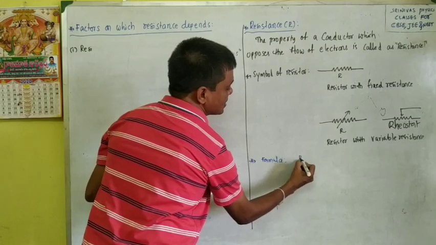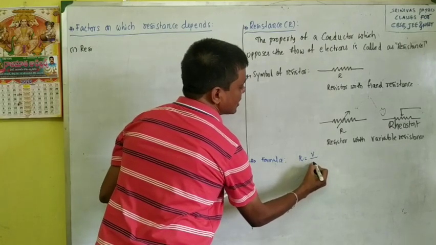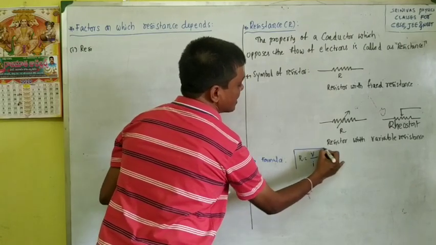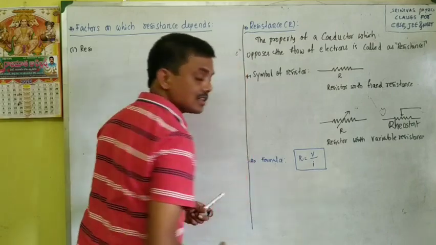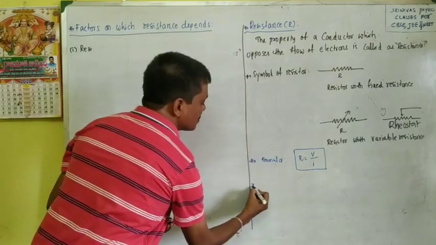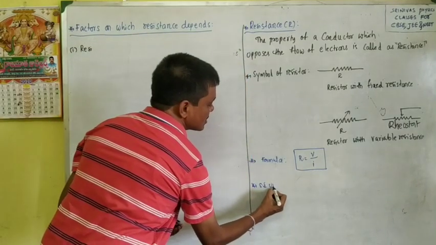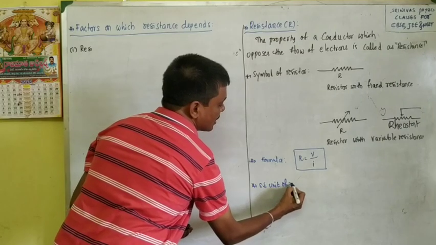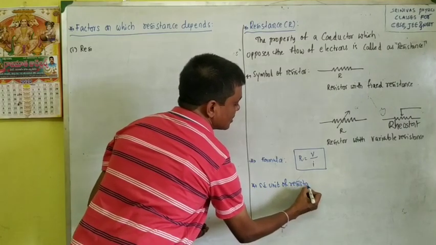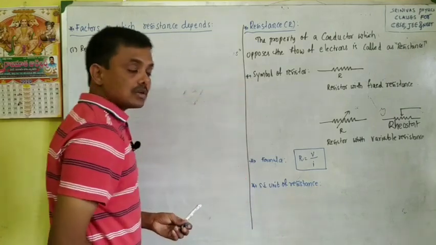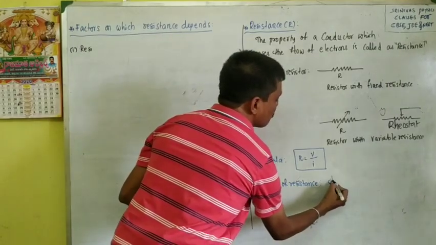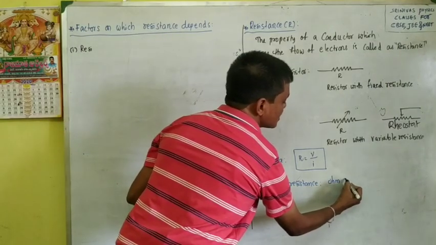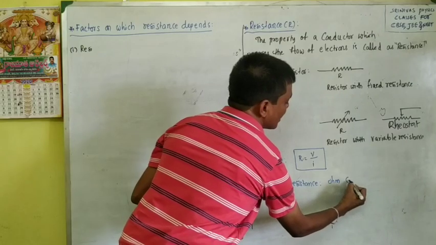What is the formula for resistance? According to Ohm's law we write, it is a ratio between the potential difference and current. This is the formula. And the SI unit of resistance is ohm. Its symbol is omega.